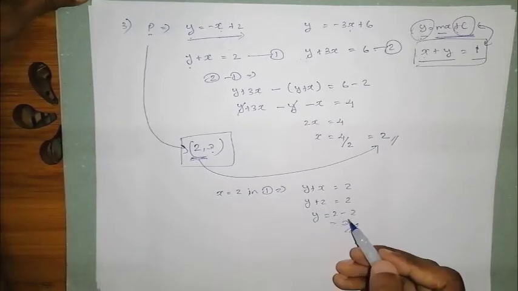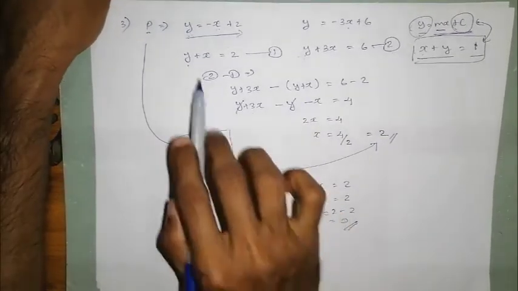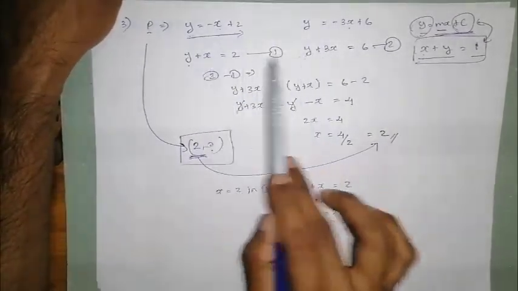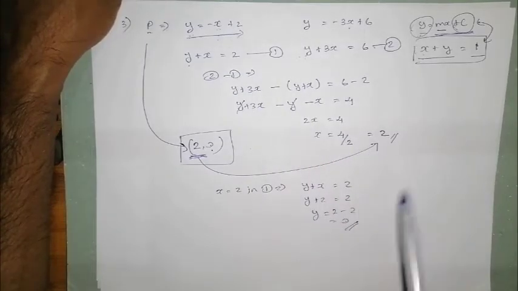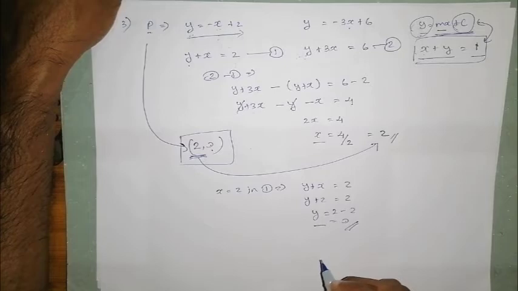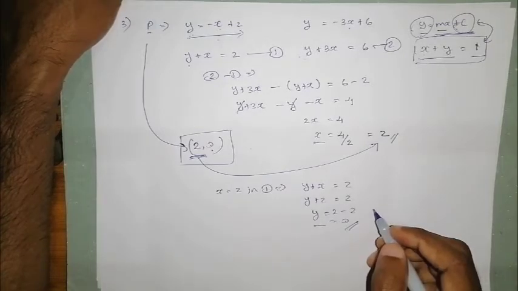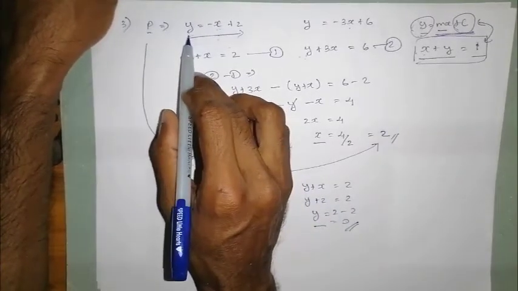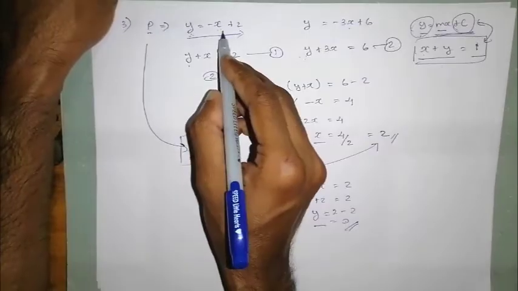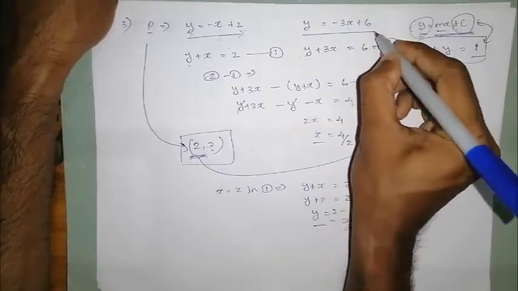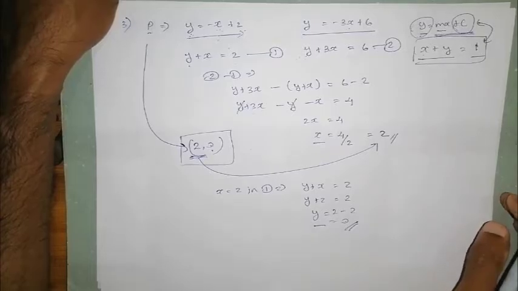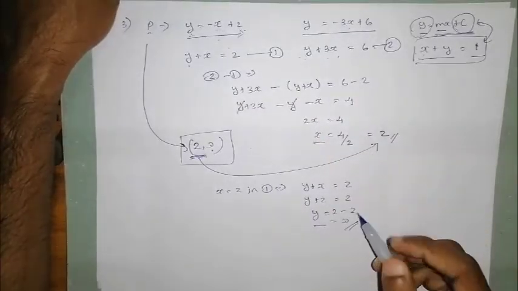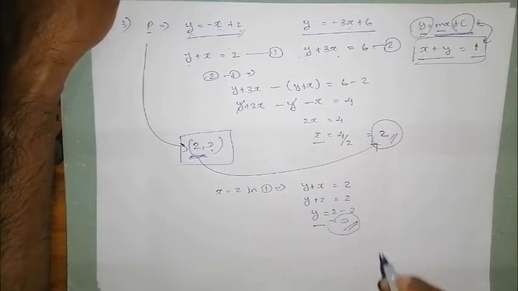So the theory under this section: if you take linear equations as simultaneous equations and solve them, the values of x and y are the coordinates of the intersecting point. The question is to find the intersecting point of y equals minus x plus 2 and y equals minus 3x plus 6. We changed the linear equations into simultaneous equations and solved them, and we got the answer (2, 0).